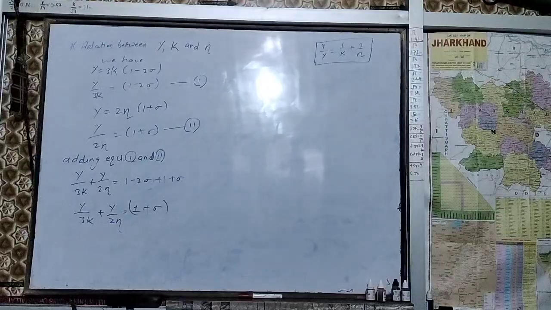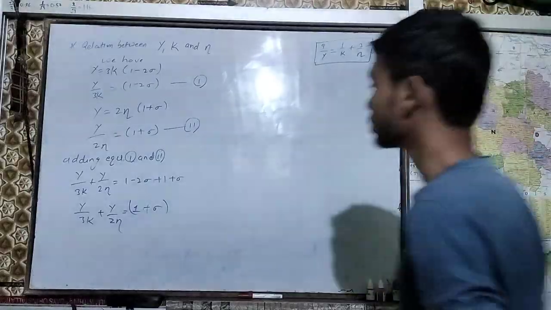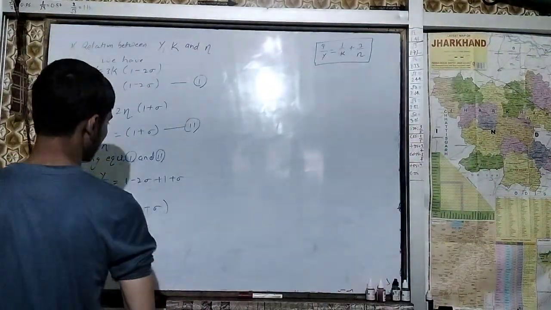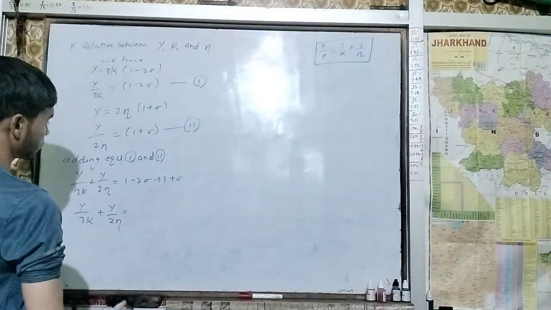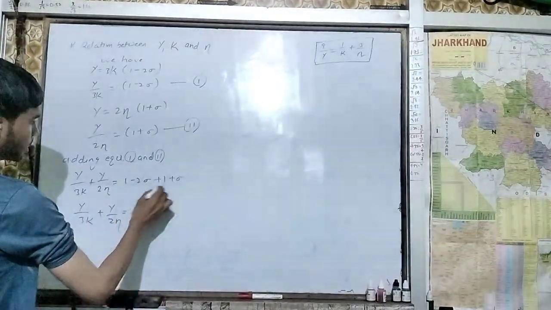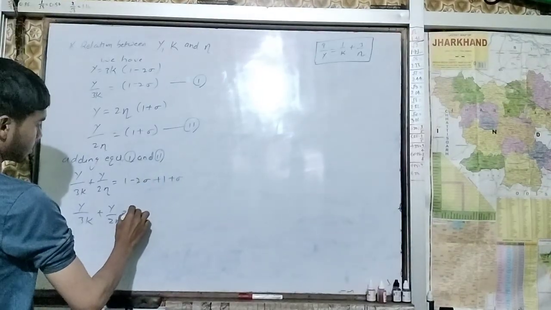Check it, y upon then y upon, so it should be 3, 1 plus 2 and 2 plus 1, 3.